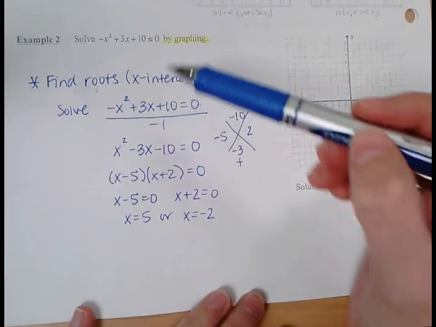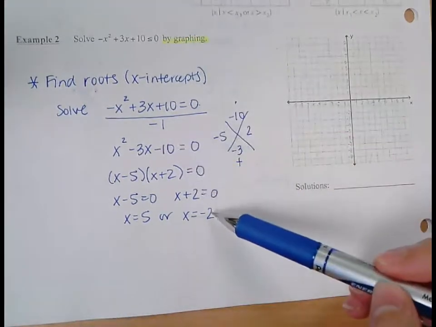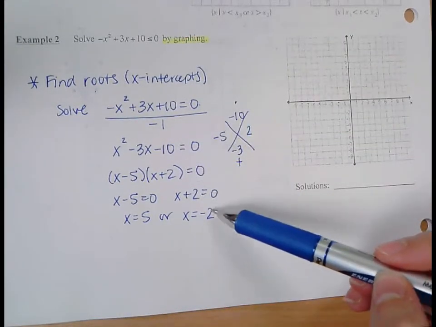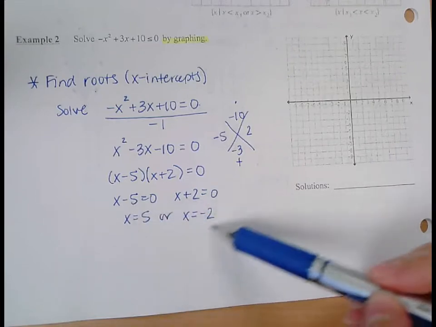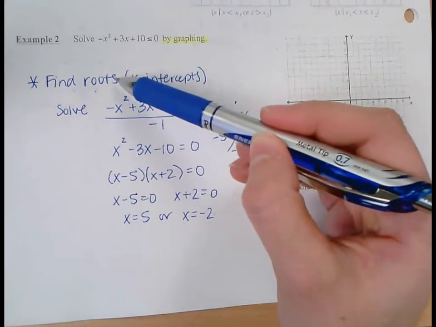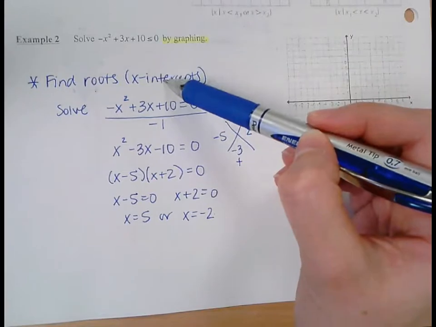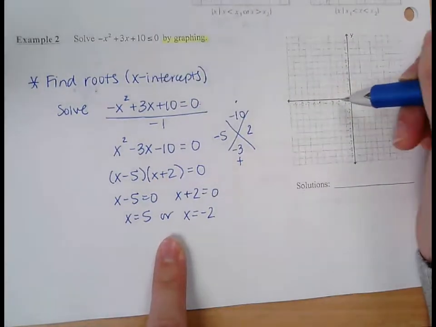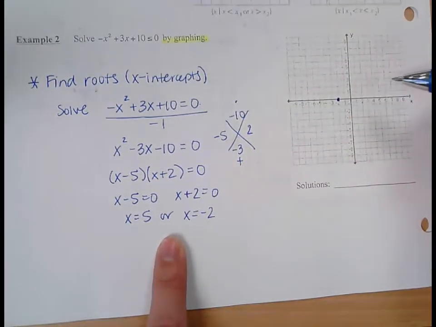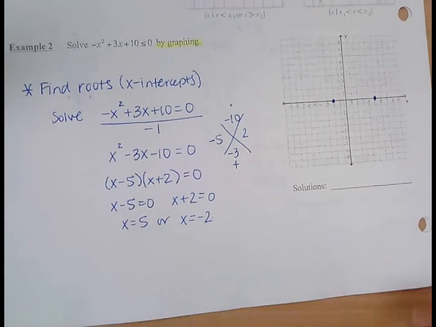However, the problem wants to solve the inequality, so these are part of our answer, but we're not done. These are now the solutions of the equation, so they are the roots, which means on a graph they're the x-intercepts. So I'm just going to plot a point on the x-axis at each of these numbers, -2 and 5.